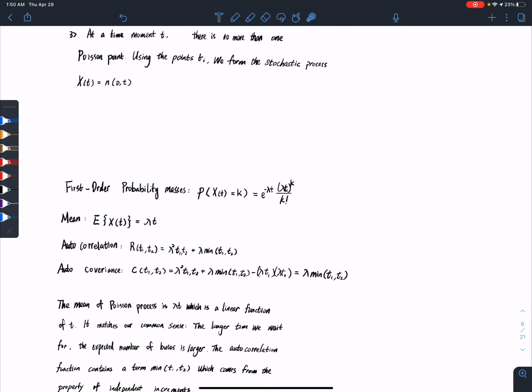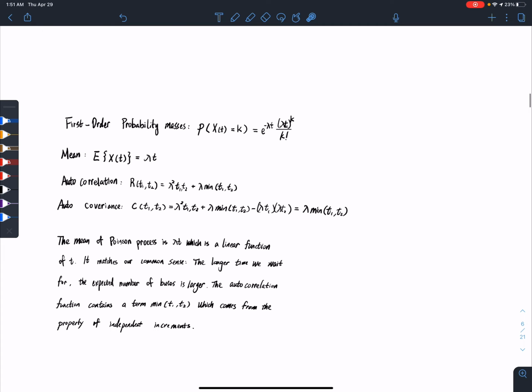Autocorrelation R(t1, t2) is equal to lambda squared t1 t2 plus lambda min(t1, t2). Autocovariance is lambda squared t1 t2 plus lambda min(t1, t2) minus lambda t1 times lambda t2, equal to lambda min(t1, t2).